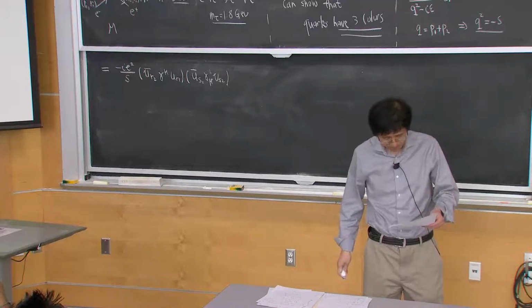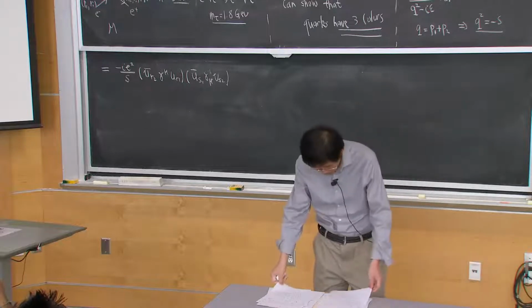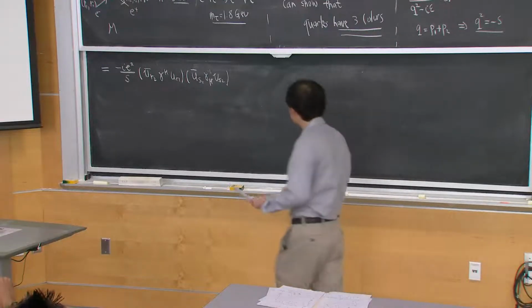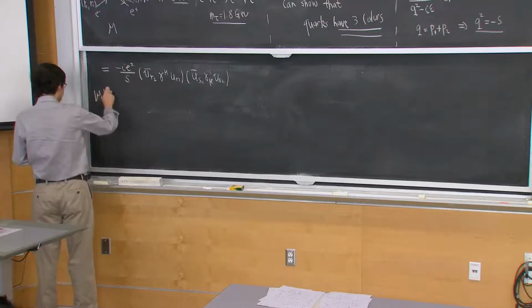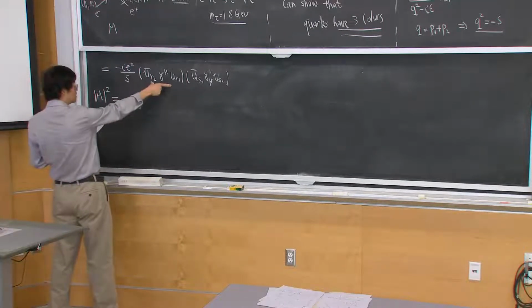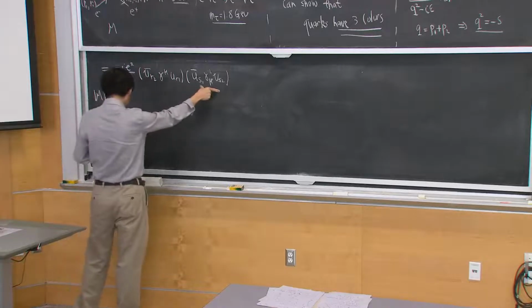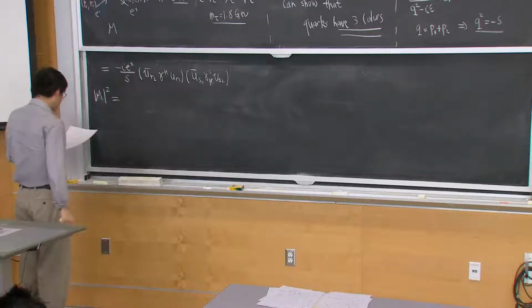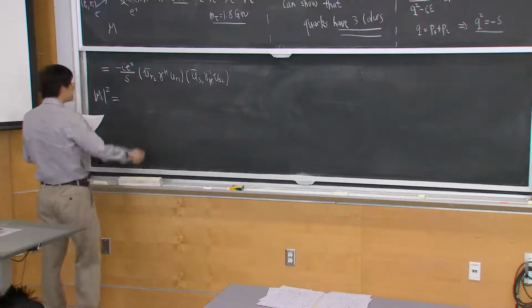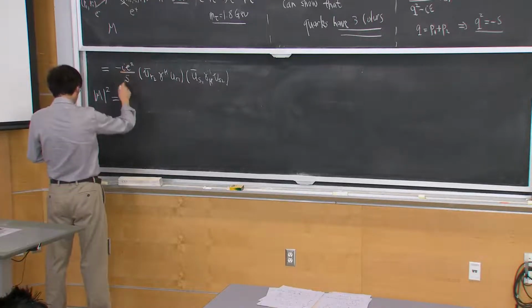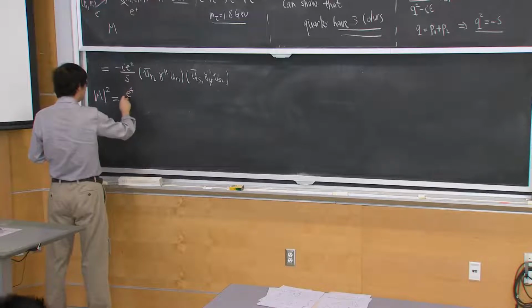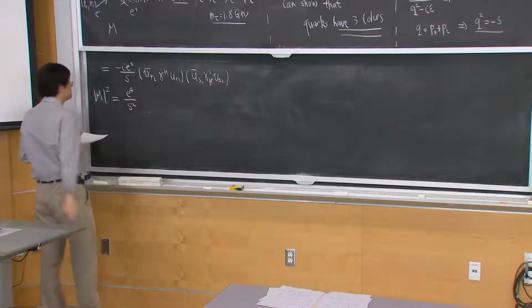Okay, good. So now let's do the square. We just square this term and square this term. When we square this term, we just get e to the power 4 divided by s squared.